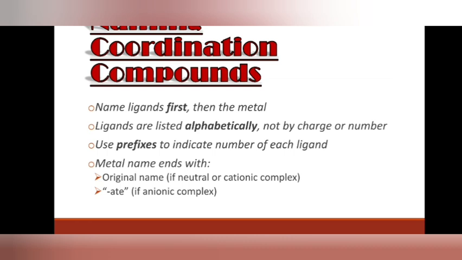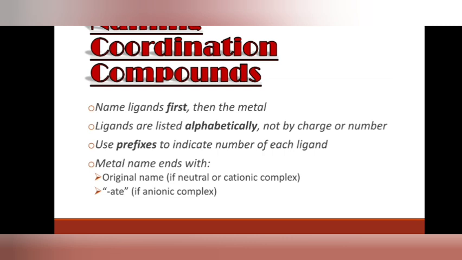But if our metal is present in the anionic part, meaning it has a negative charge, then the metal name will end with ate. For example, cobalt will become cobaltate. So the name of the metal matters. You have to make sure you know whether the metal is in the cationic part or the anionic part.